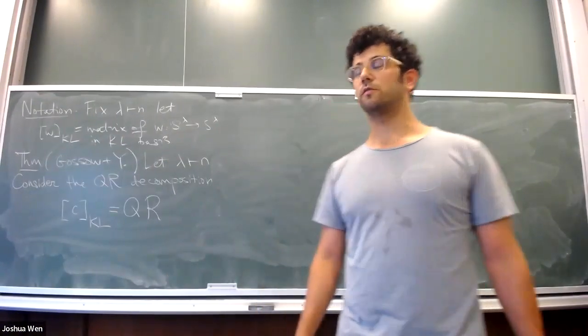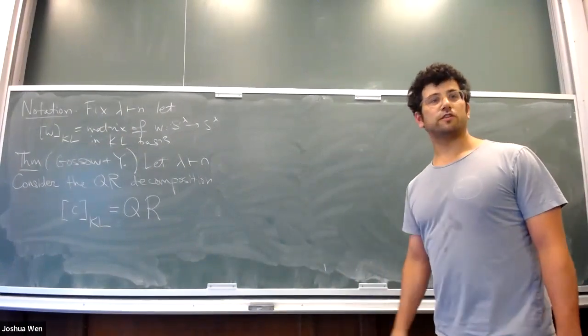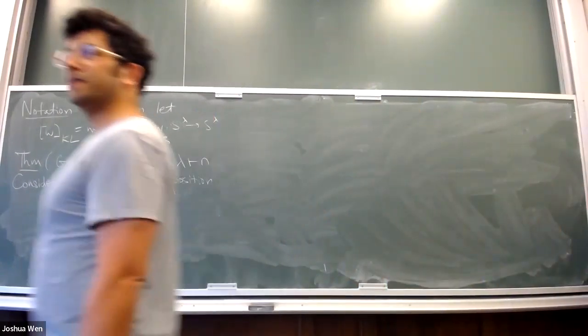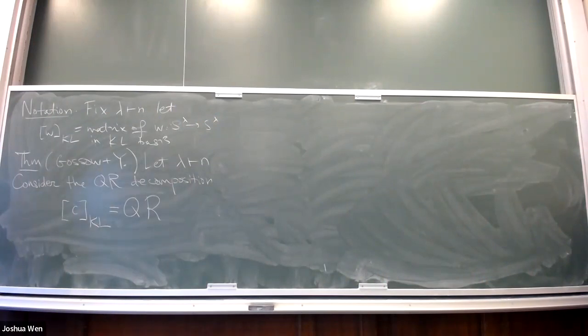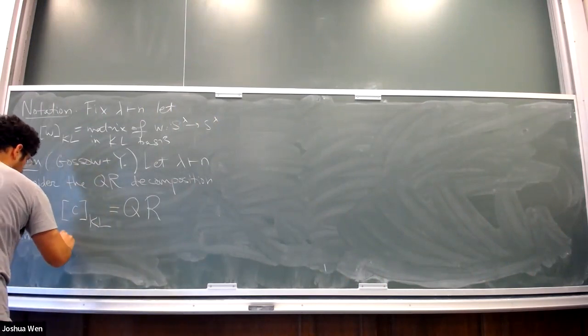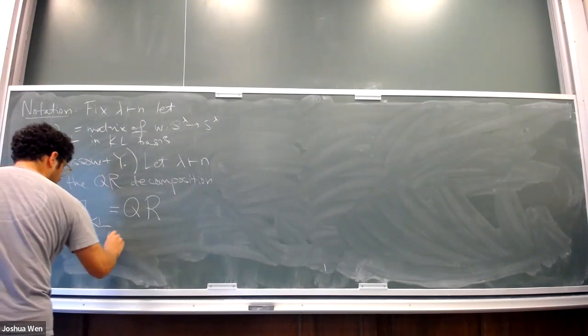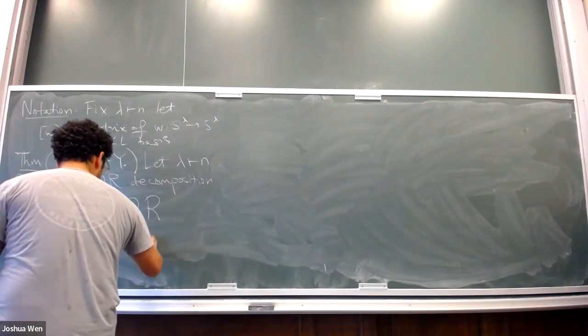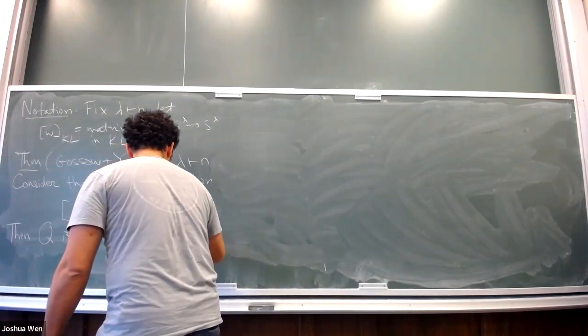Something we all know from every time we have to teach linear algebra, we have to remember what this is. So we consider this QR decomposition. Then Q is the generalized permutation matrix for a permutation.